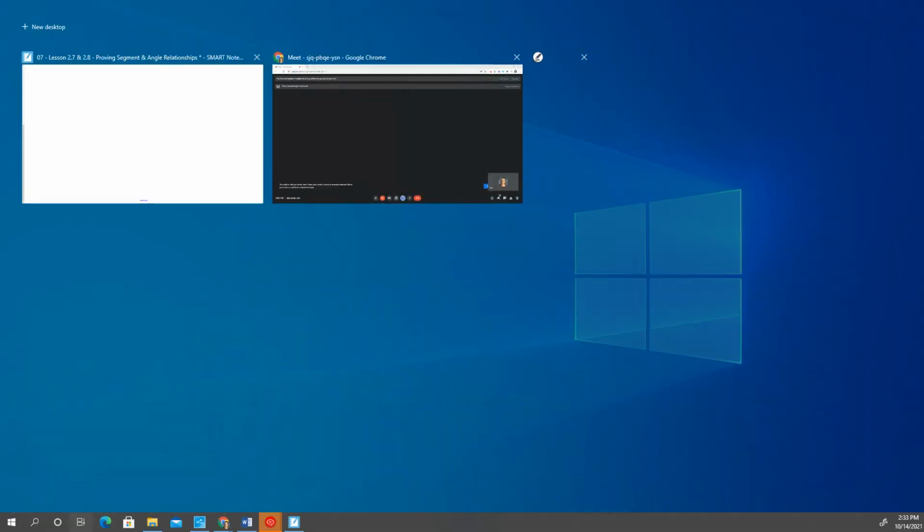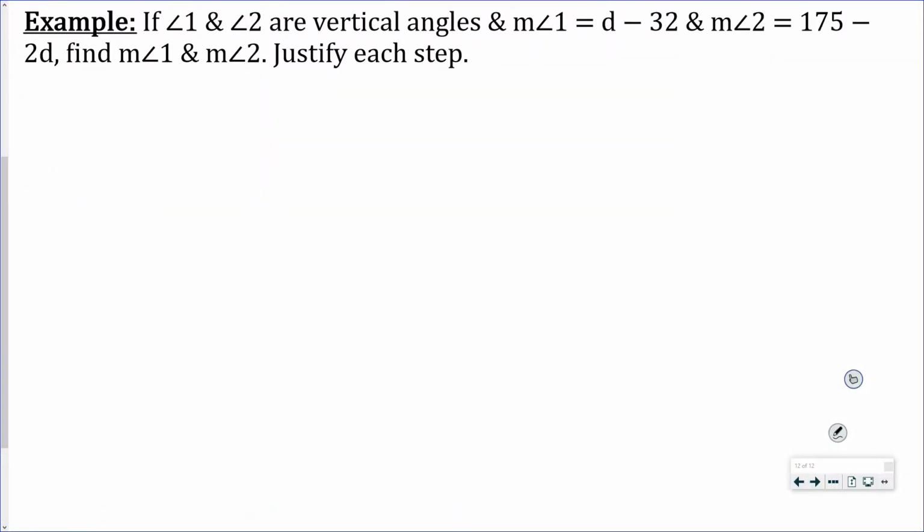This one states: if angle 1 and angle 2 are vertical angles, and the measure of angle 1 is d minus 32, and the measure of angle 2 is 175 minus 2d, find the measure of angle 1 and measure of angle 2. Justify each step. That little piece is saying we have to do a two-column proof here. I have to justify each step from the information given to find these two measures.